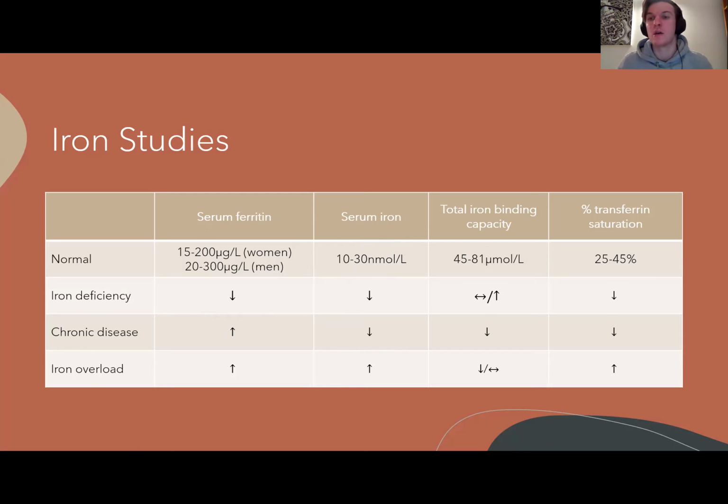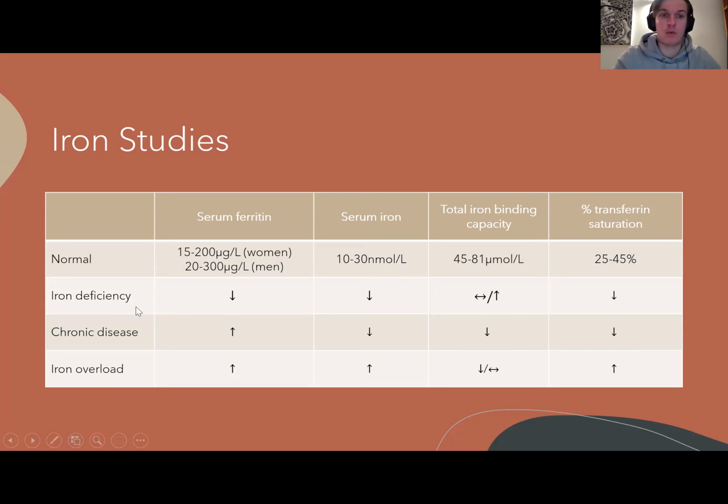Transferrin is the transport protein that takes iron into your cells, into your red blood cells. So transferrin increases when you're iron deficient, in order to maximize the use of any available iron that you've got. If you're iron deficient, your body's going to try and take up all the iron that it can get its hands on and make more transferrin and increase its total iron binding capacity.